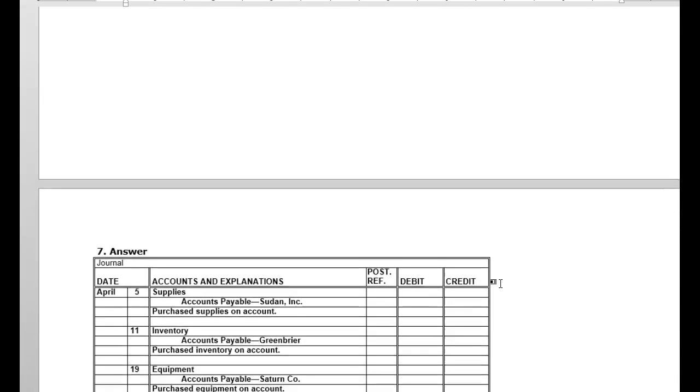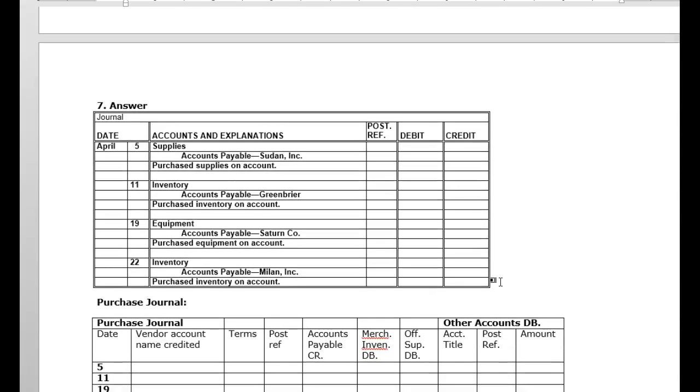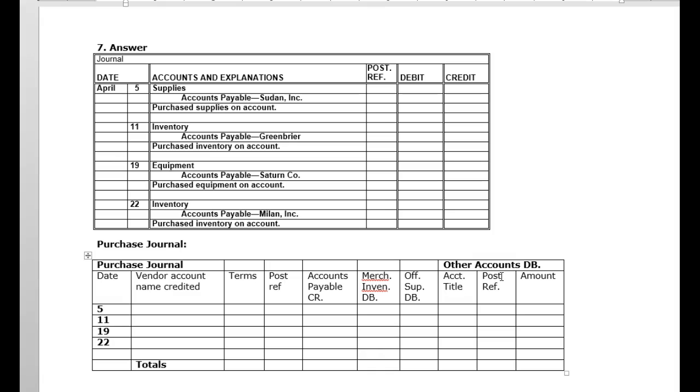Then for 7, we have an extra page here. Isn't that nice? For 7, we're going to compare making journal entries versus making specialized entries in a specific journal. And you'll find between the two that when you actually set these two up and run both of them, this is quicker, and I'll even give you the answer here.